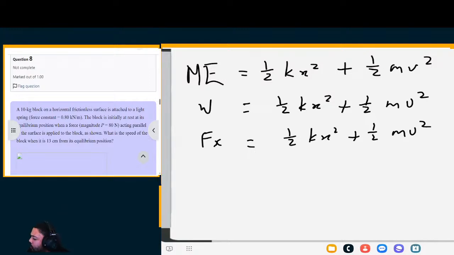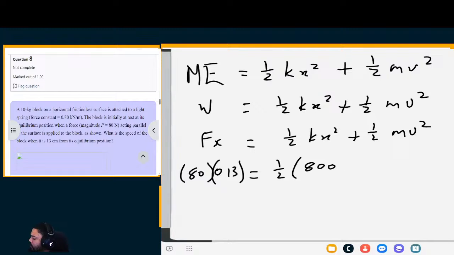Now, if we were to fill in all the values that we have so far, we know that this force P is just 80 newtons. It is being stretched or compressed about 0.13 meters. Then we have a half times the spring constant, which is 800 newtons per meter.